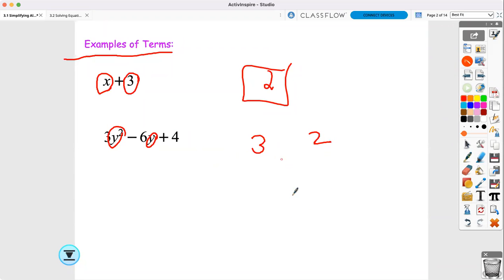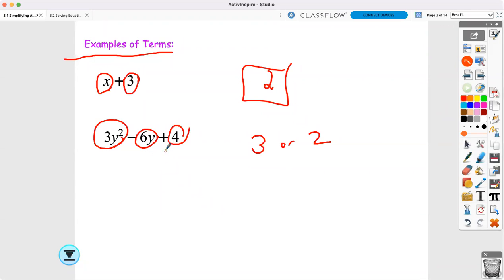What are your thoughts, class? Is it 3 or 2? What about the 4? And what about the 3? Would we separate the letters from the numbers, or do we keep it together as one term? Just remember, what separates a term, guys? What operations tend to be between terms?